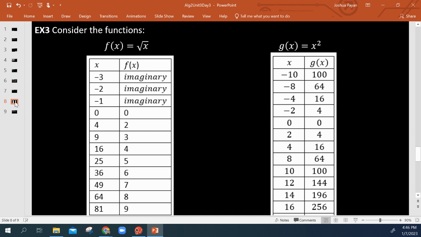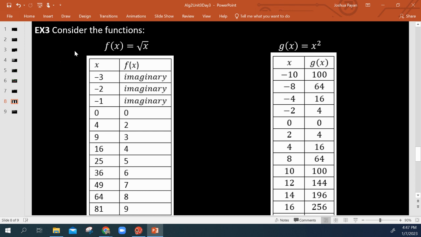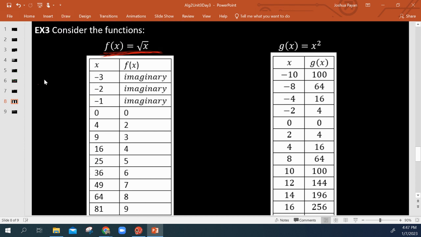So what do we mean by that? Well, this graphic right here is the simplest way to see it. That and we can also look at some basic geometry behind either one of these two functions. So, for example, f of x is equal to the square root of x, right? So this function is one to one.